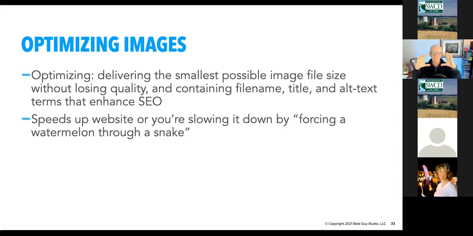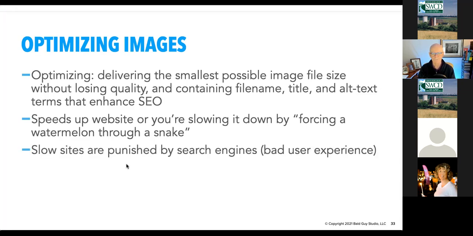So that might be a 900 pixel wide website box, but the internet is going to have to deal with that entire watermelon, that entire 3 megabyte file, and sending it through that connection to that person's browser on the other end that you're trying to share something with is going to slow the connection down. The connection will be slowed down because of the size of that watermelon going through the snake.